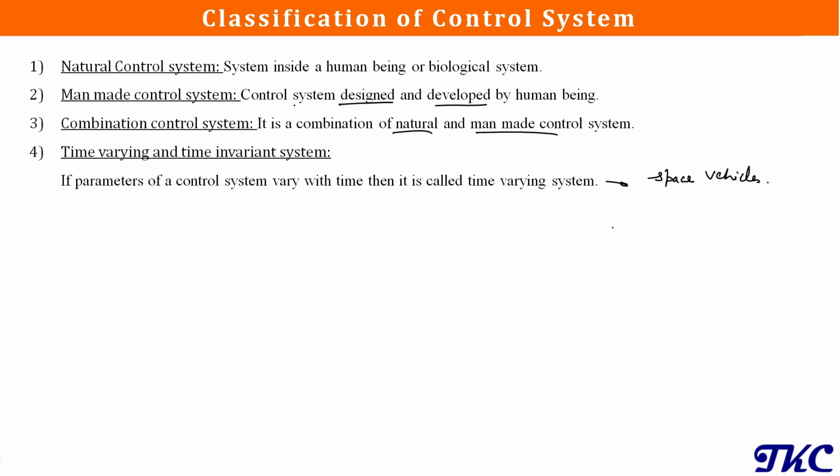With time, the fuel inside the space vehicle will be consumed, and because of which its weight is going to decrease with time. So here one of the parameters of your system is changing with respect to time. If any parameter of the control system changes with time, it is called a time varying system.